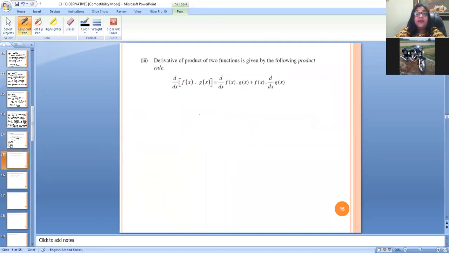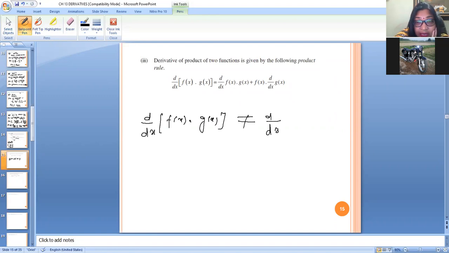But when we are talking of the multiplication, the derivative of f(x) into g(x) will not be equal to the derivative of f(x) into the derivative of g(x). Addition and subtraction are simple, right?